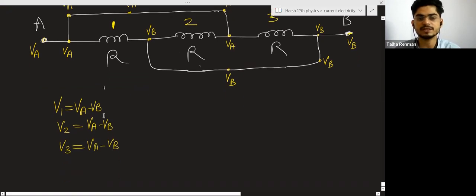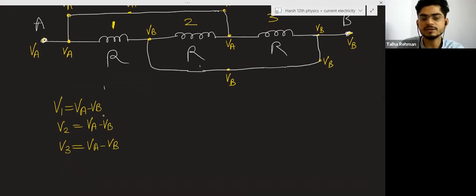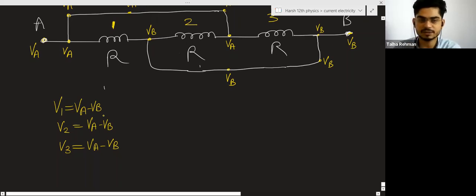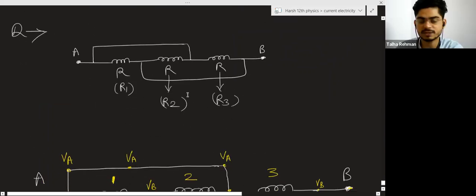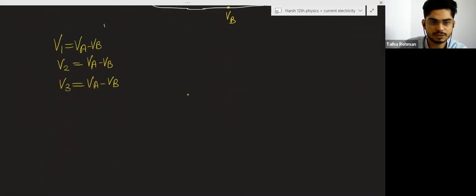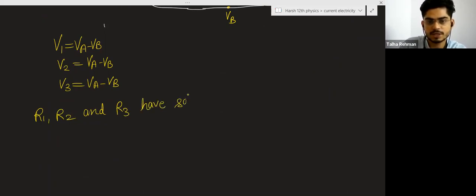So we can say that R1, R2, R3 are connected in parallel, because resistances having the same potential difference are connected in parallel.